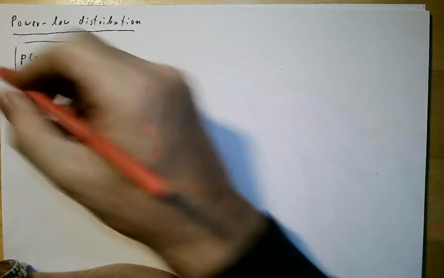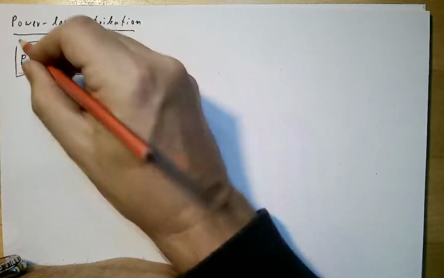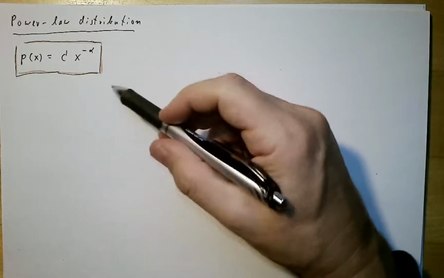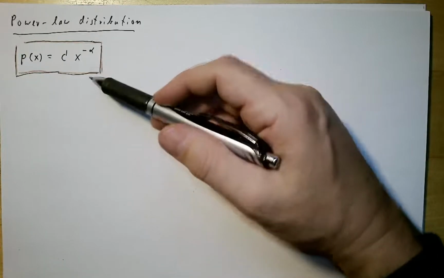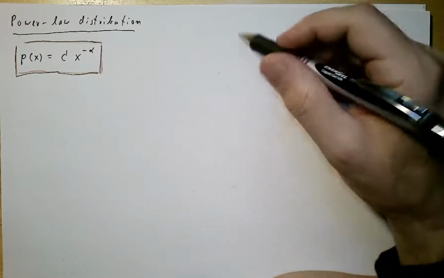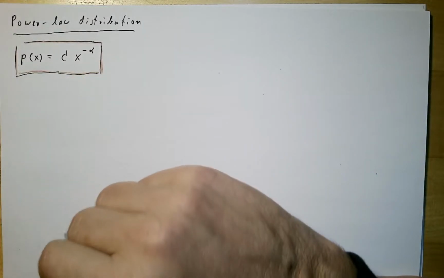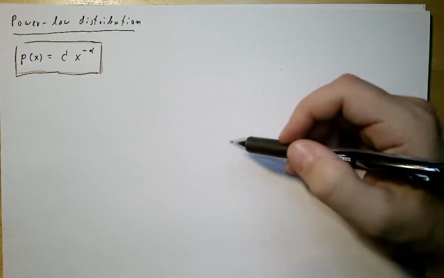If you write it like this, at first it's a probability distribution like any other, like exponential, Gaussian, whatever, like any other continuous probability distribution. So what's so special about this distribution?